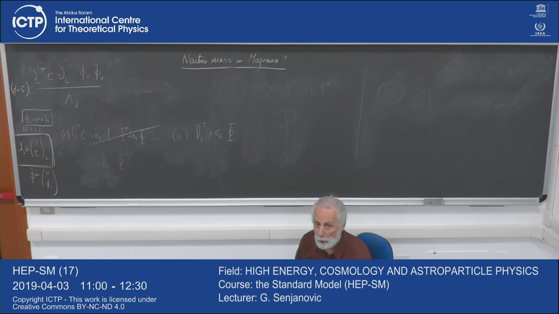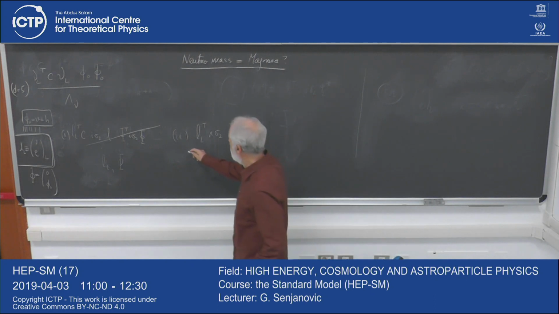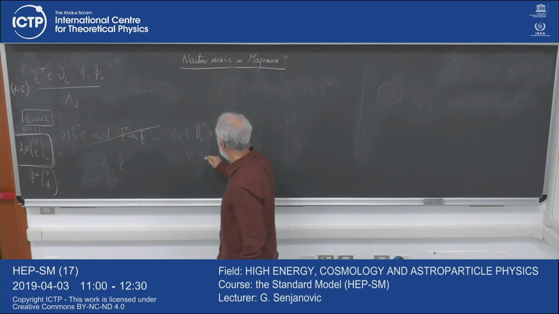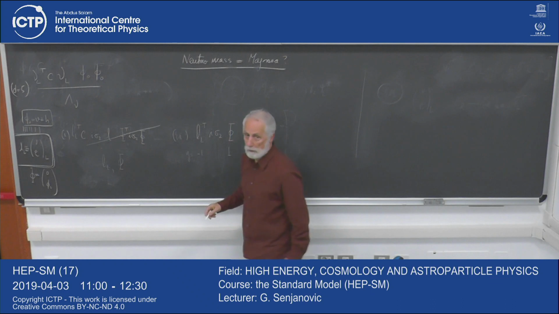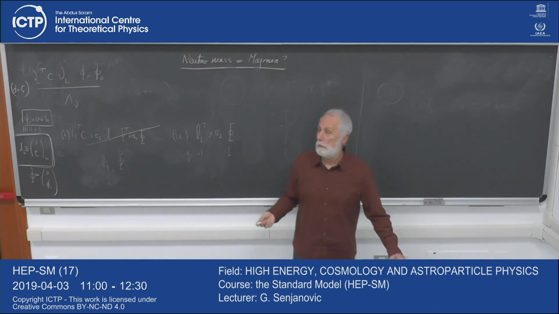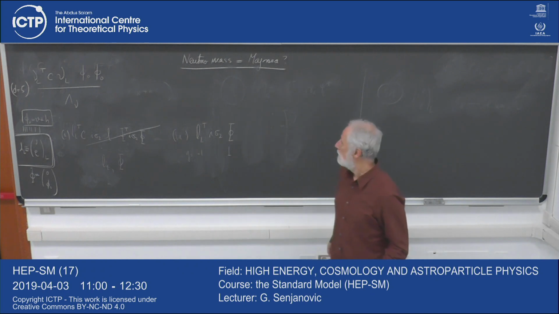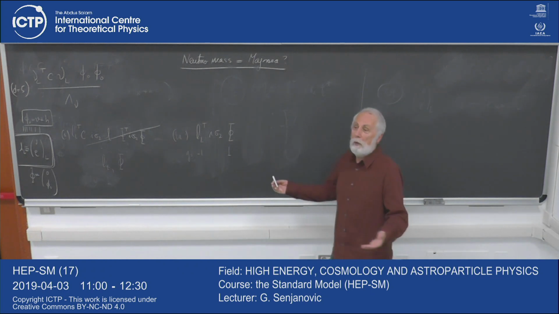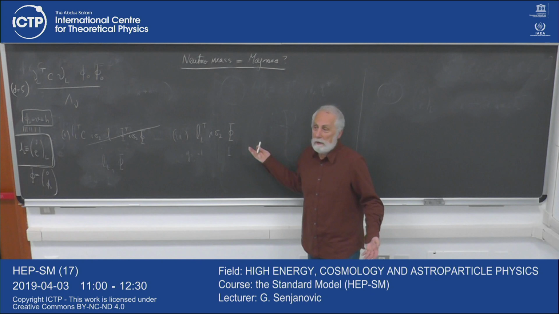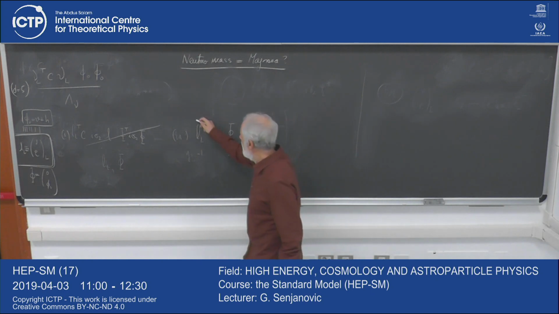You notice it's also U1 invariant. These guys have opposite hypercharges. This has hypercharge minus 1, this has plus 1 by our conventions, remember. That's how we could write the Yukawa coupling. But it's not Lorentz invariant, of course. So I go on, you agree?